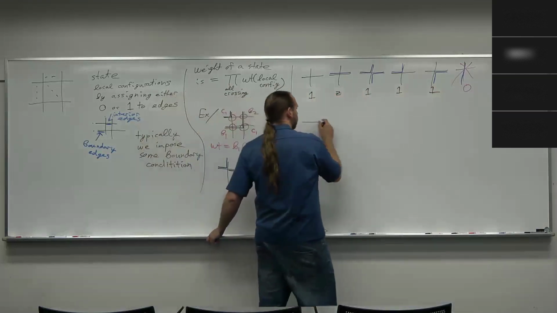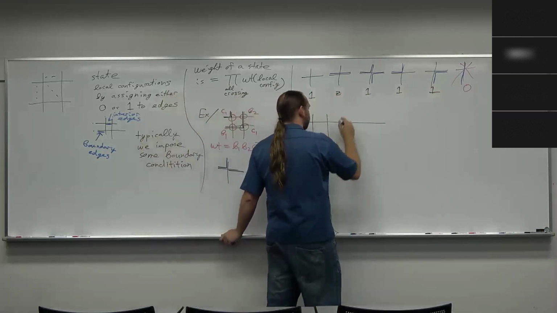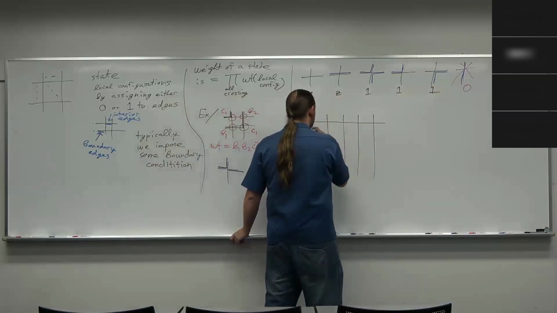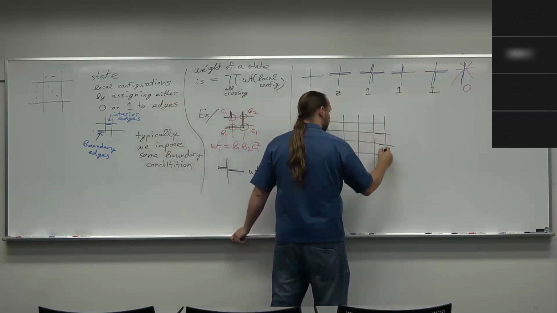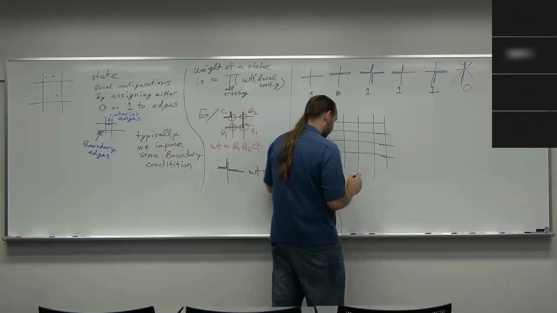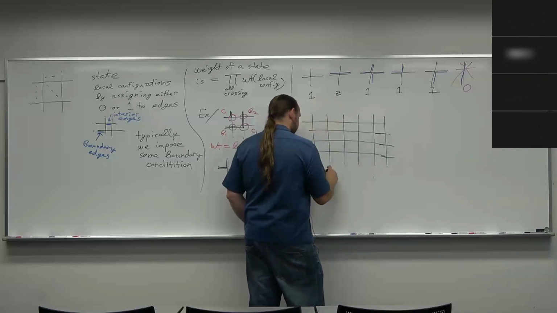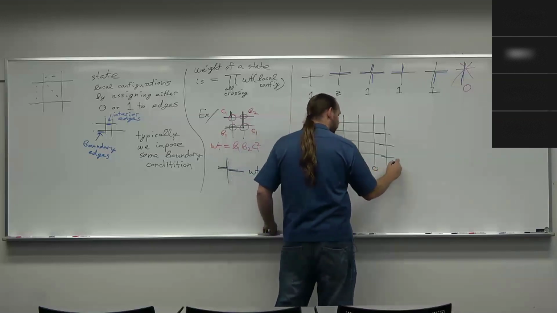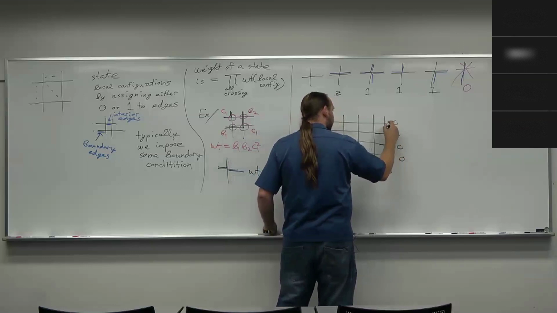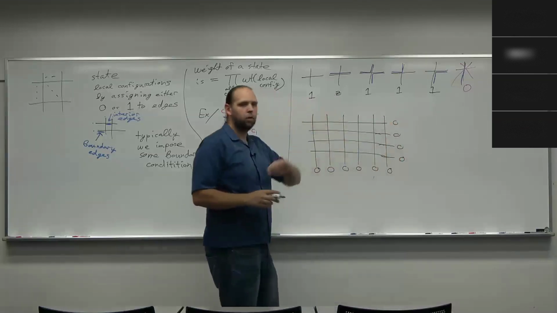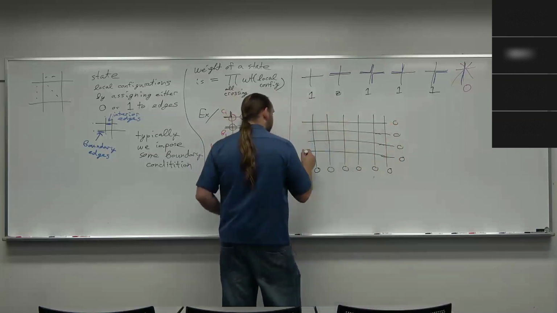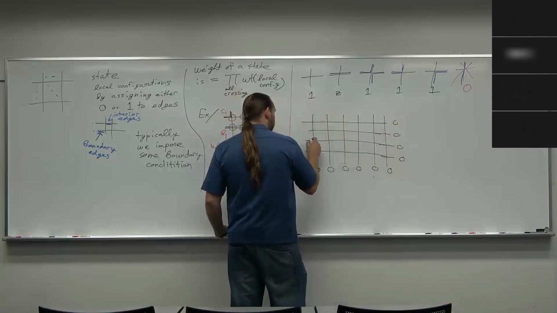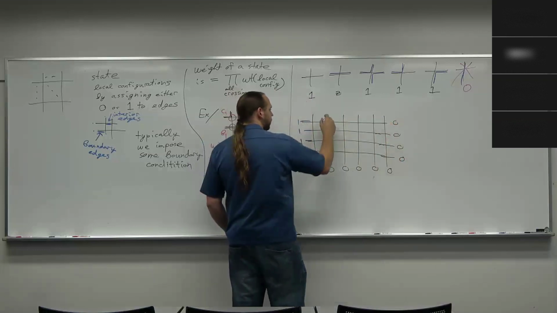And the model that I'm going to work with will have no particles entering from the bottom or exiting on the right. I will have particles entering on the left.